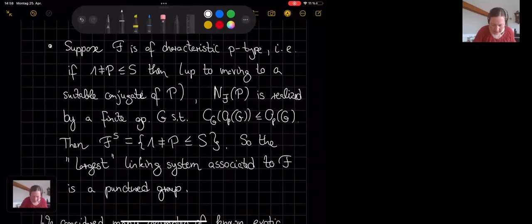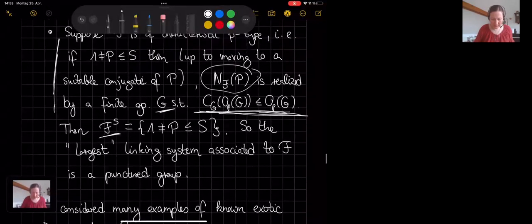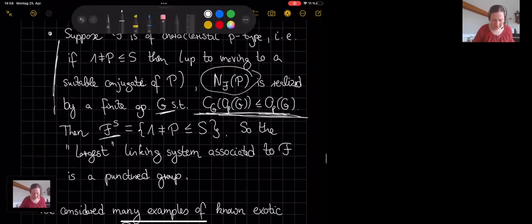So if F is of characteristic P-type, so that means basically that any saturated normalizer is realized by a finite group G such that this magical condition here holds, then that means that this set F to the S, which I said is the largest possible object set of a linking system, is the entire set of non-trivial subgroups of S. And then I can kind of glue all these groups G here, which realize some normalizer together to get the largest linking system associated to F, and that will be a punctured group. So in that case, it's also easy to see that I get a punctured group.